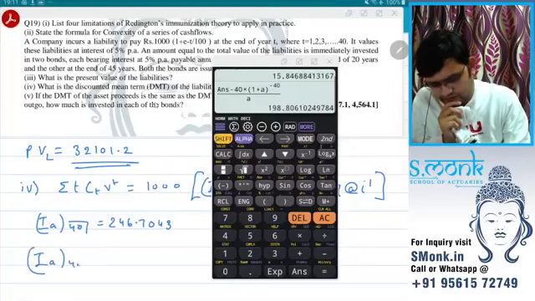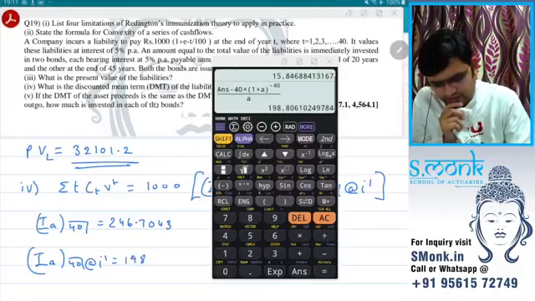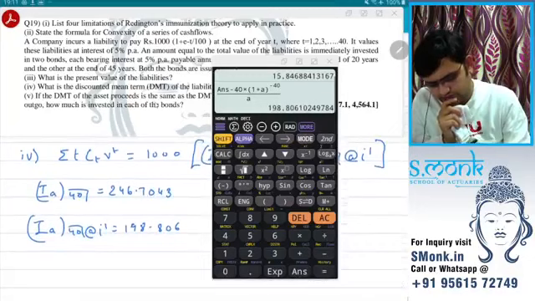(IA)40 at the rate of i dash will be 198.806.